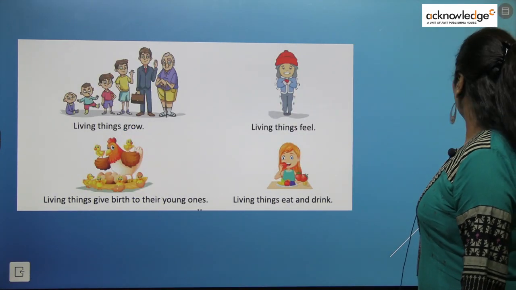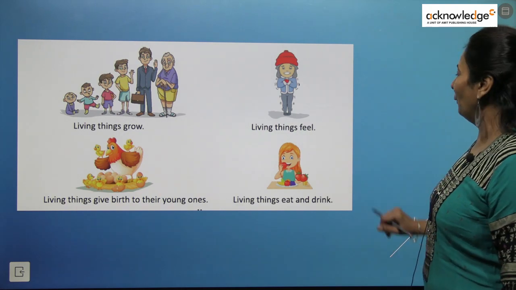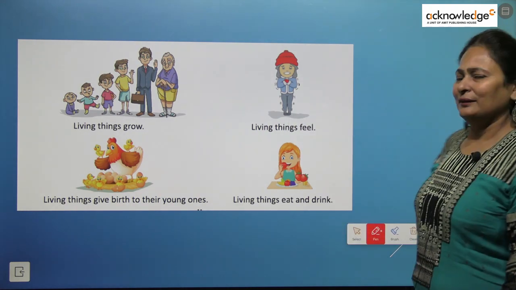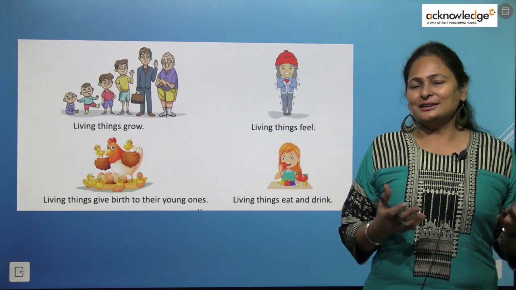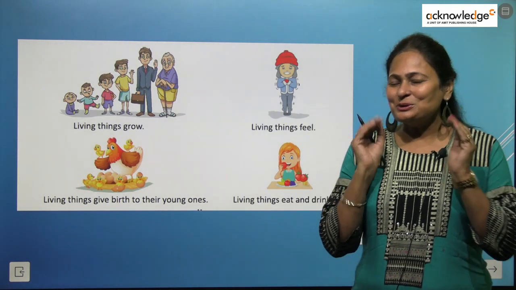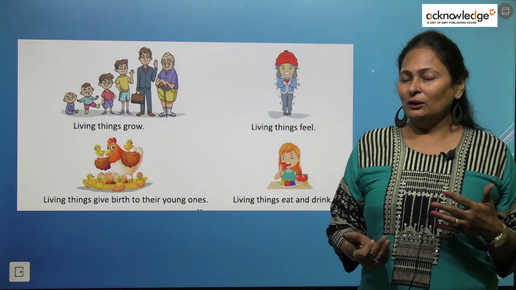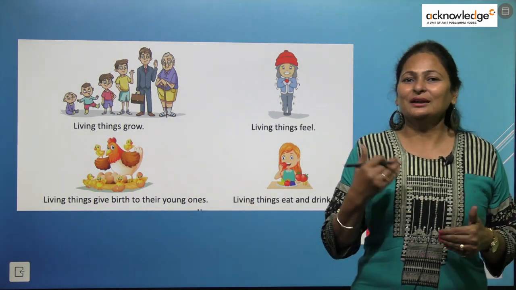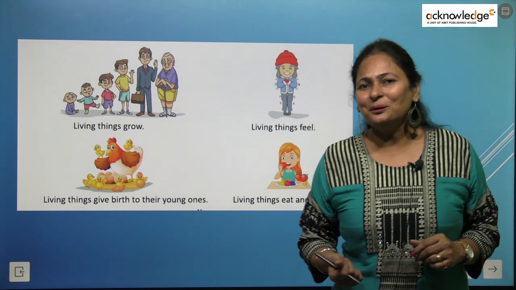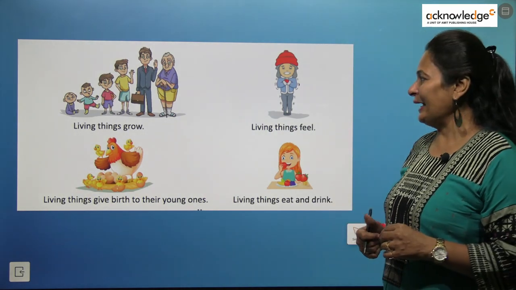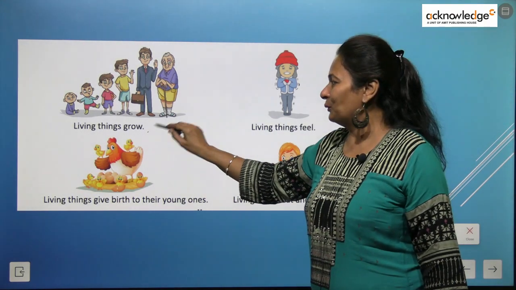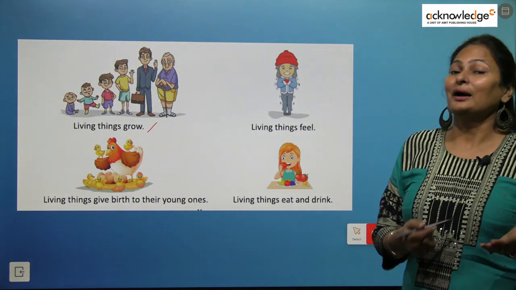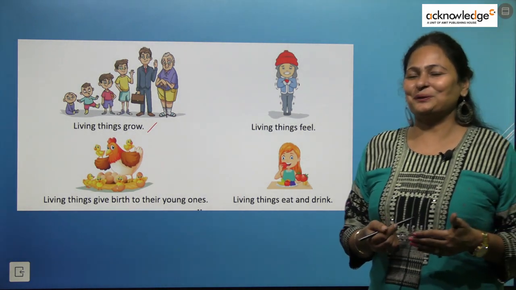Next, living things grow. Yes. When you were born, kids, you were so small, right? Now you are grown up, you are a kid now, and you will grow until you become an adult. Animals also grow, plants also grow, right?